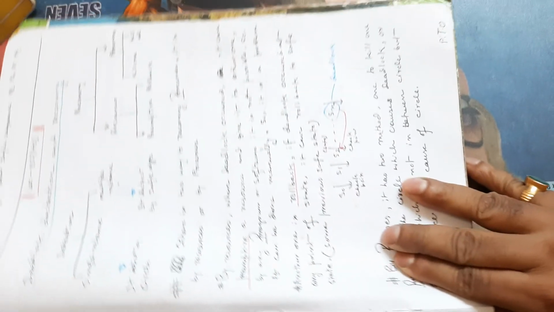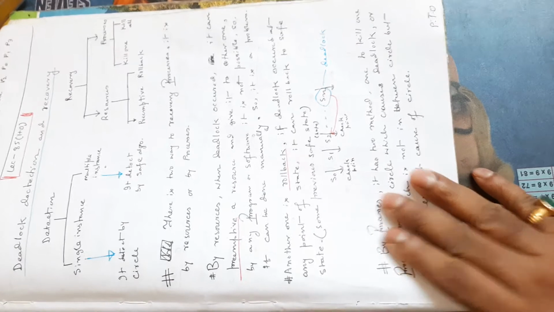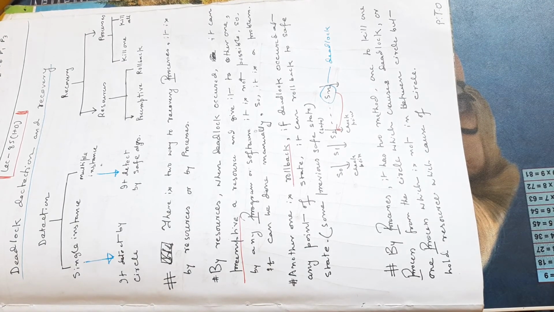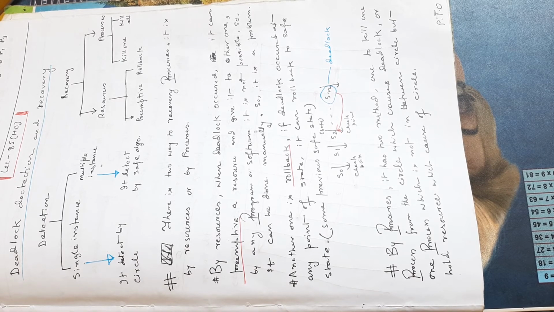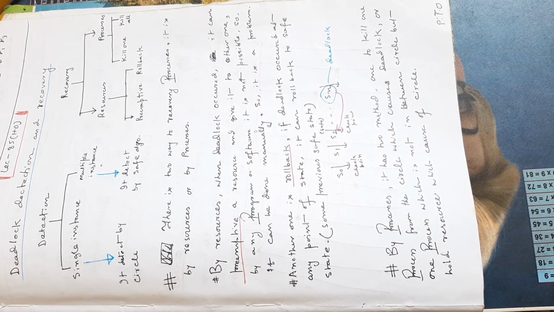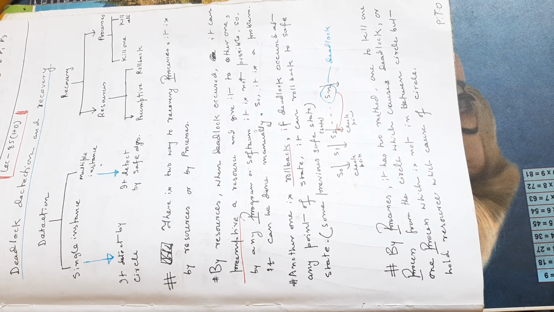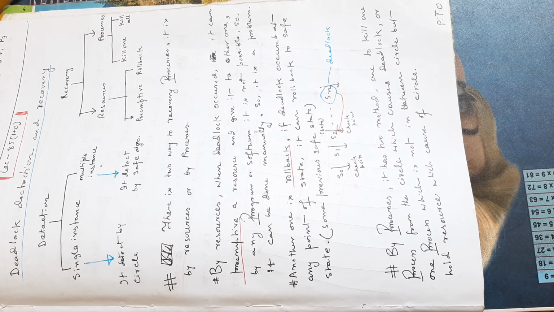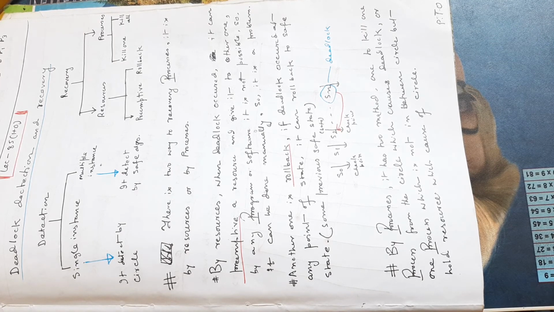Kill one process means very simple: if the deadlock occurs, kill one process from this circle. So the circle is broken down, and we remove the deadlock from the system.